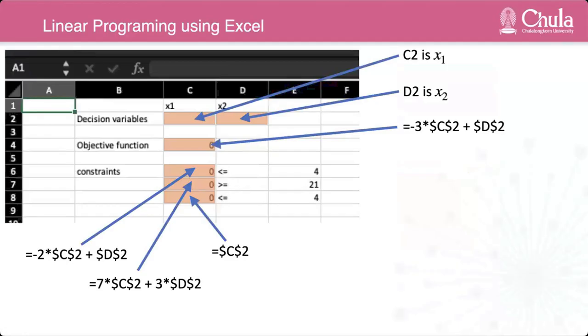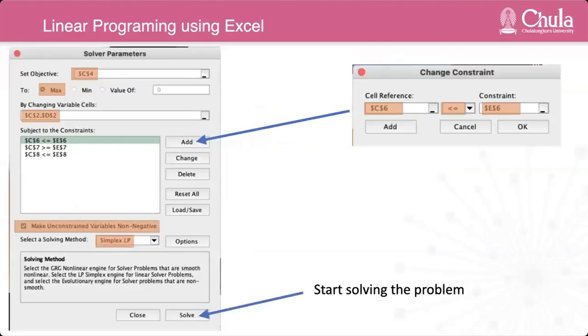Which is a function of the decision variables, and you define the constraints, right? And then from the solver parameters, you define the objective, minimize or maximize. But for this one, I recommend you to use OpenSolver, right?